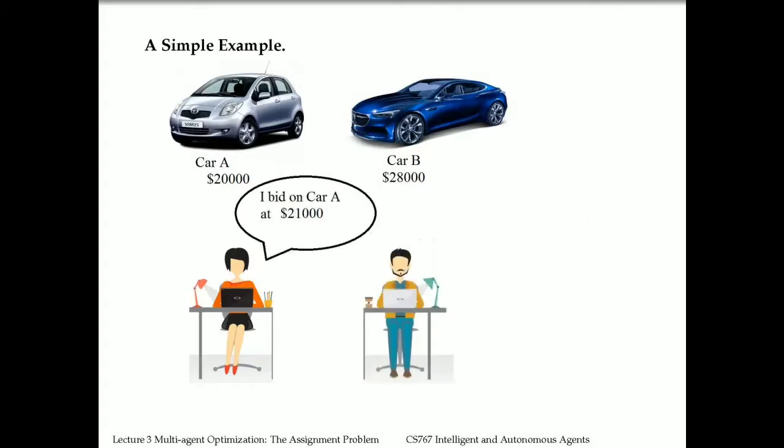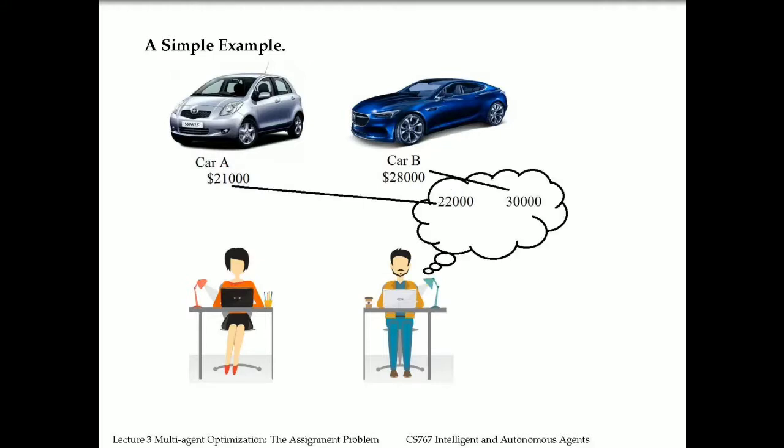Okay. So suppose now she sent out this bid, says, okay, I want to bid on car A at $21,000, and there's a competitor who's sitting somewhere else, and the competitor looks at the price of the cars and thinks, well, I think car A is worth $22,000. I think car B is worth $30,000.